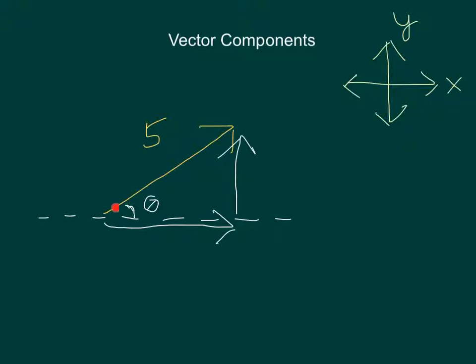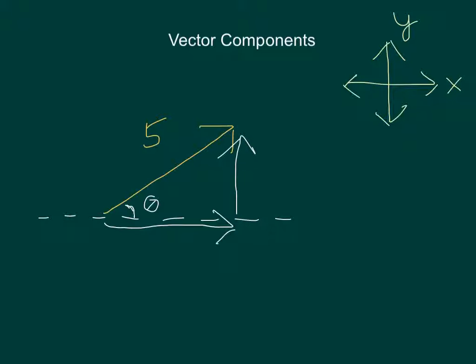Clearly, this starting vector is not doing that. So we are going to take this vector and we're going to re-represent it as a combination of two other vectors. One which is pointing just in the x direction and one that is pointing solely in the y direction.